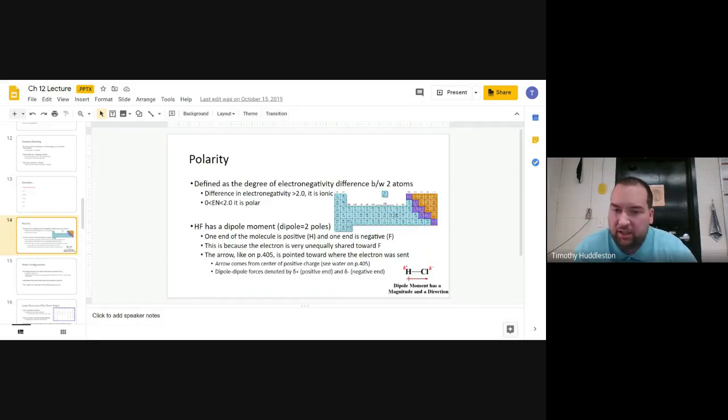Polarity. As you'll see here, there's a table of electronegativities. You do not need to memorize this or know this. If you ever need to reference it, it will be on your test as a diagram. I may have said 0.5 earlier, and 0.5 is technically right, but your book says 0.